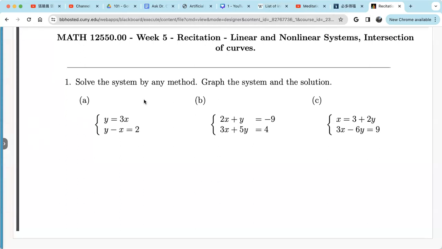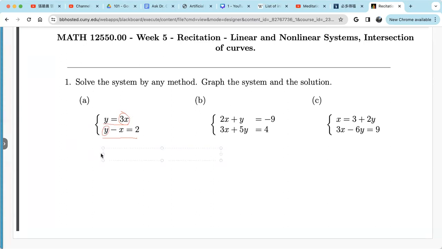Let's first try substitution. So let's see A. The first equation says that y equals 3x. The second one says that y minus x equals 2. So we could substitute 3x into this y, because y and 3x are the same.